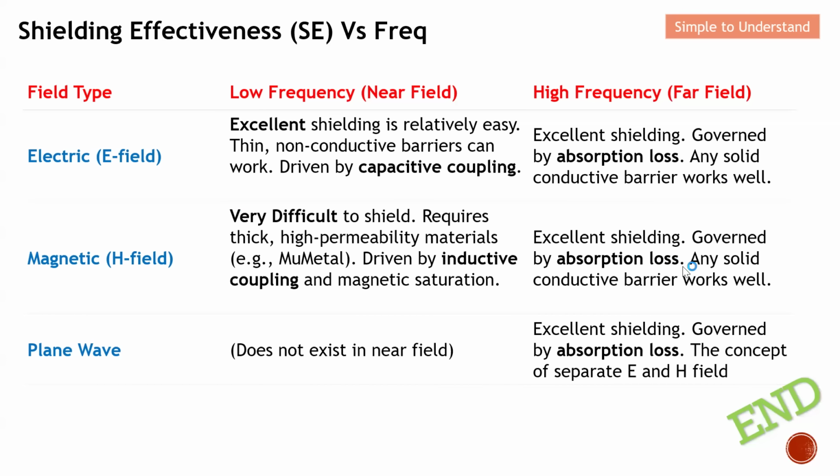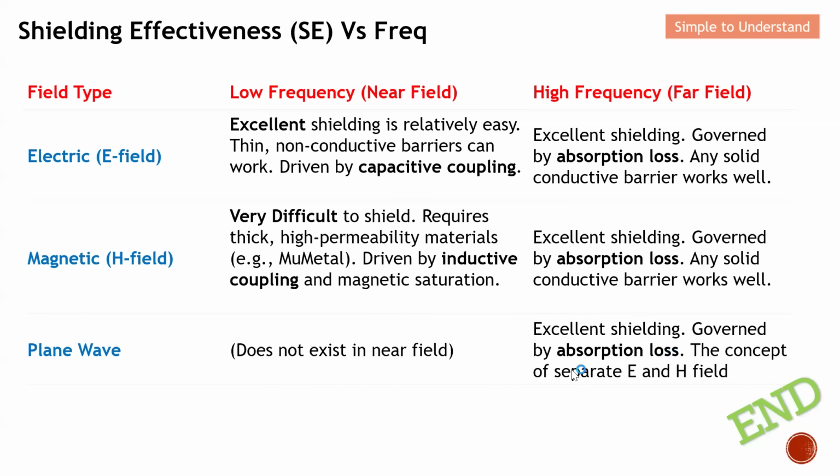Plane waves don't exist at low frequency, because at low frequency you have a long wavelength, and therefore we don't have the near field under the plane wave. Plane waves happen at high frequency, so they are much easier to shield, and because of high frequency, absorption loss will be the dominant factor.